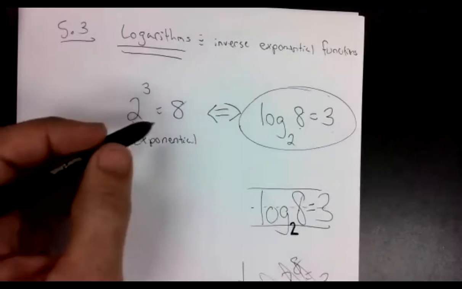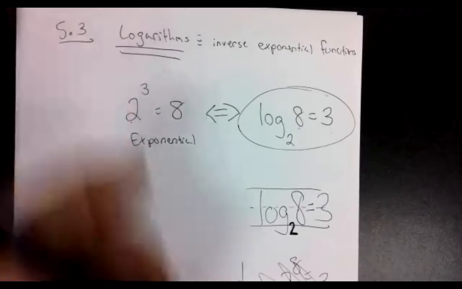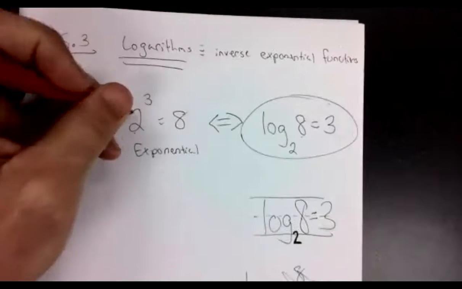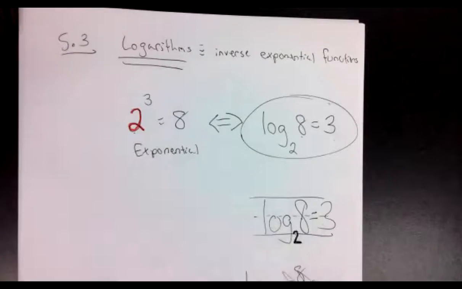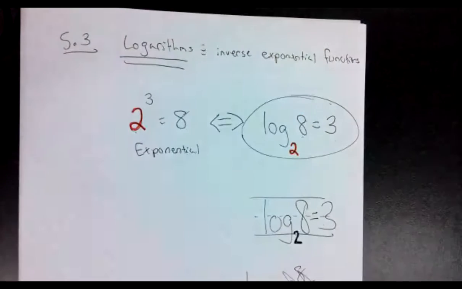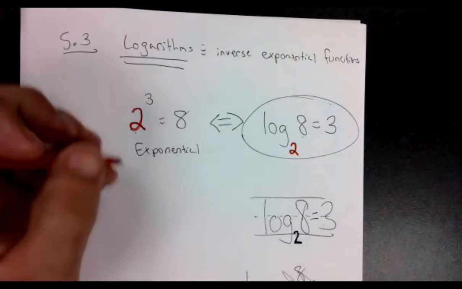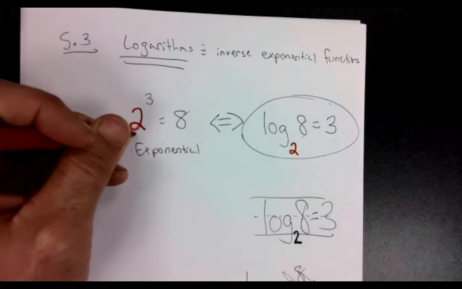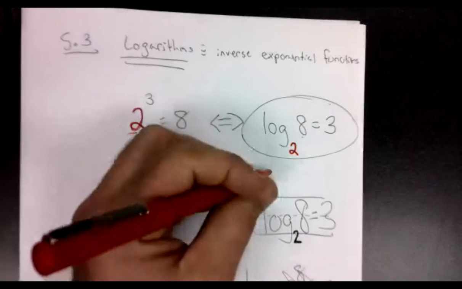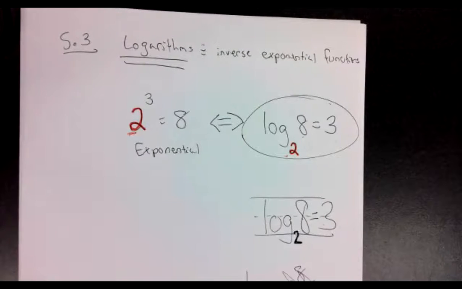Anyway, next, how these relate. The 2, your base number, whatever you're taking to the power of, becomes that sub number. Whatever your base is, it doesn't matter what number it is. If we were doing 4 to the 5th power or e to the 2nd power, this number becomes your sub number.